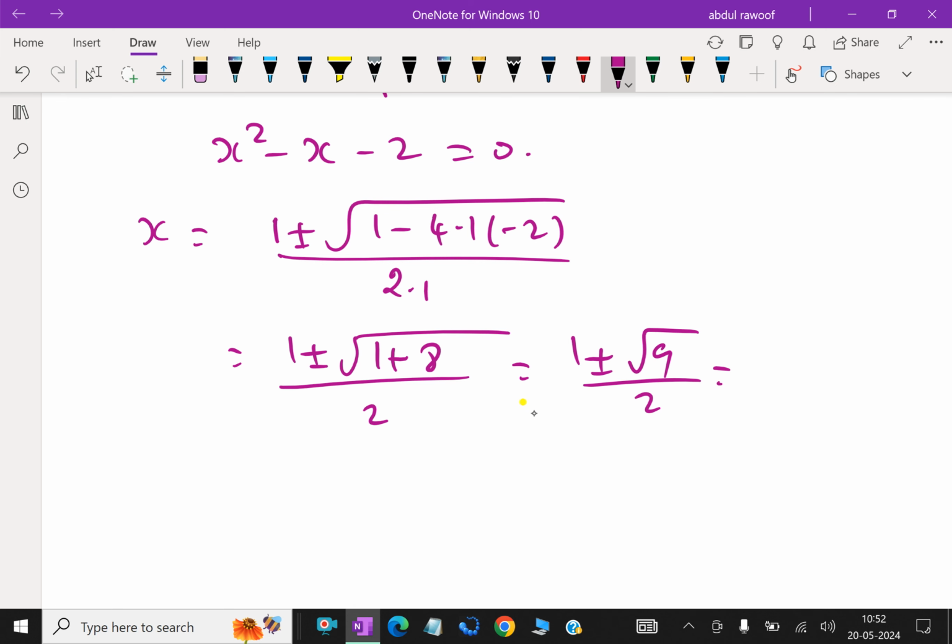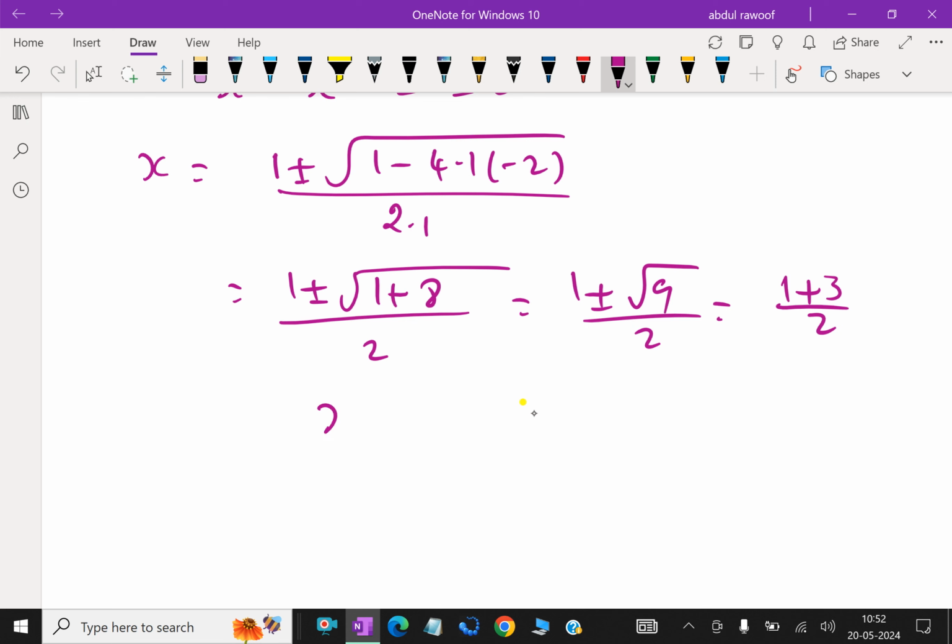We'll take the positive square root, that is 1 plus root of 9, which is 3, over 2. Therefore x equals 1 plus 3 over 2, which is 2.